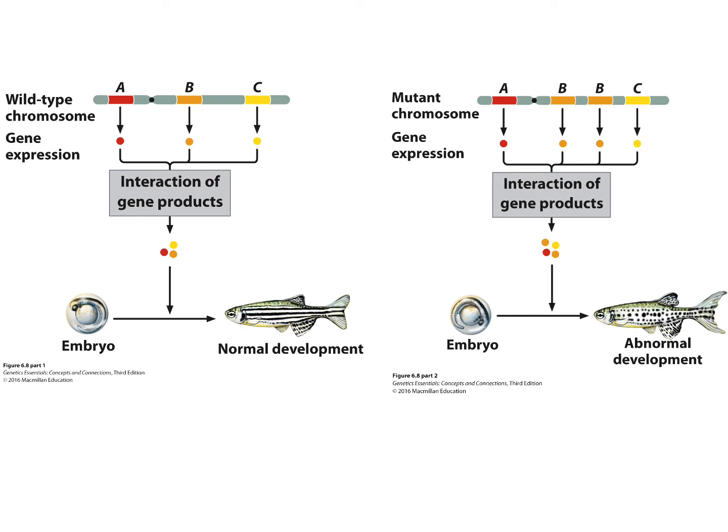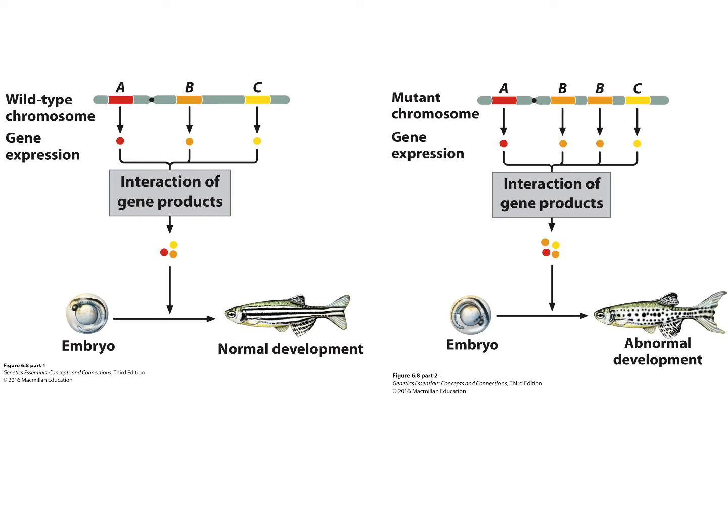This results in the developmental pattern and the striping pattern that you see on the fish in the panel on the left. In the panel on the right, you see a duplication of gene B has taken place. So instead of a single copy of gene B, there are two. In this case, there can be divergence in those two genes. However, what we are looking at in this situation is, again, the interaction of those gene products once they are produced.